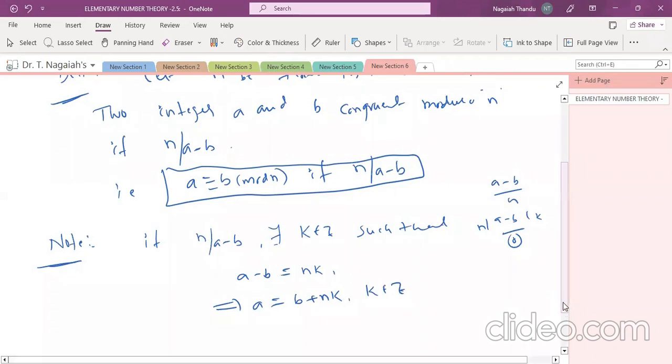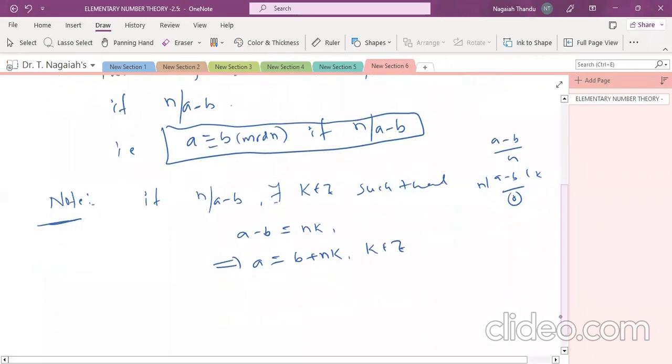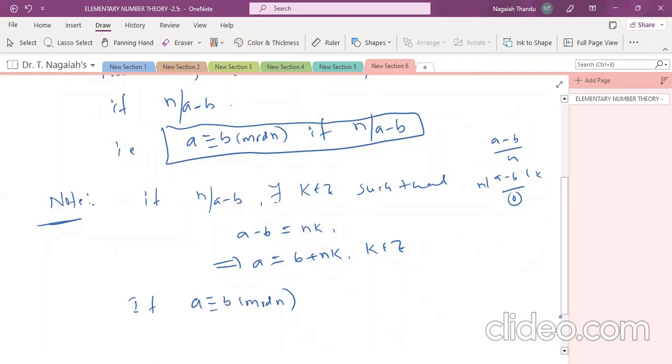What happens here exactly? If A is congruent to B modulo n, it means n divides A minus B, which means A minus B is equal to nk.